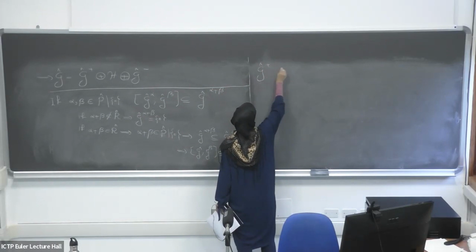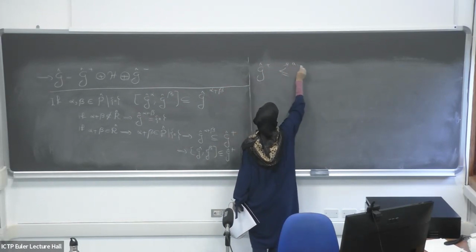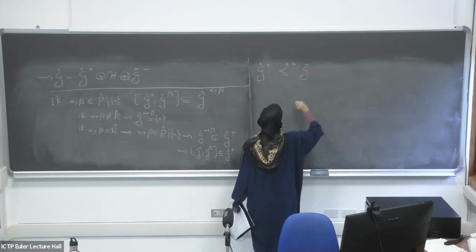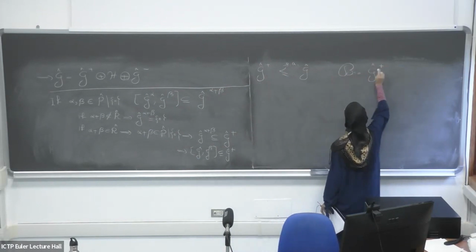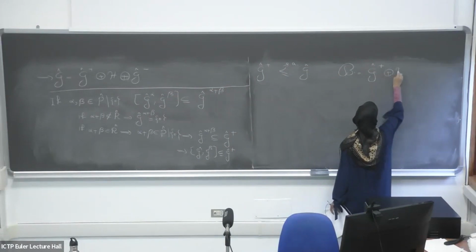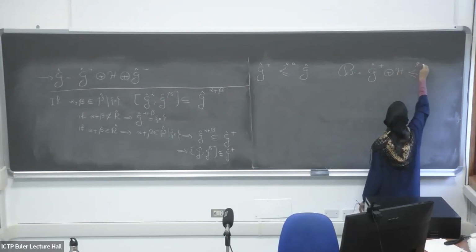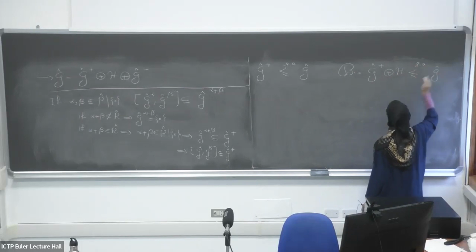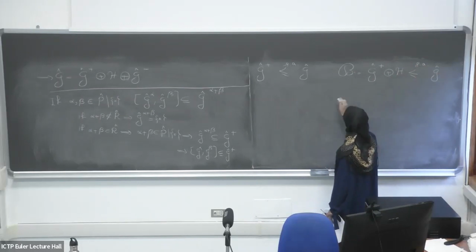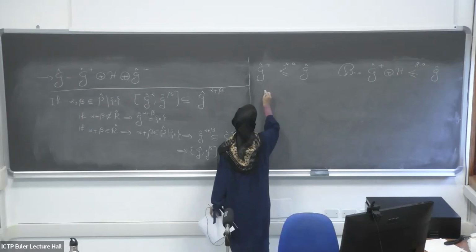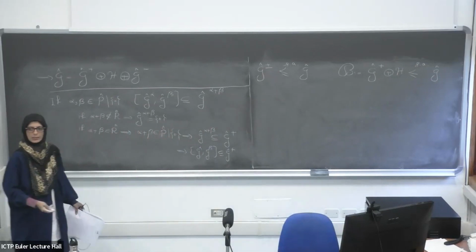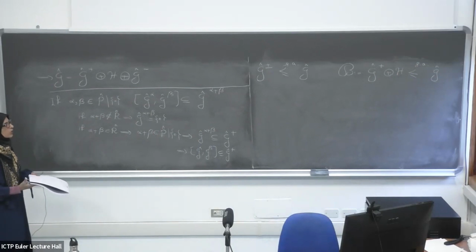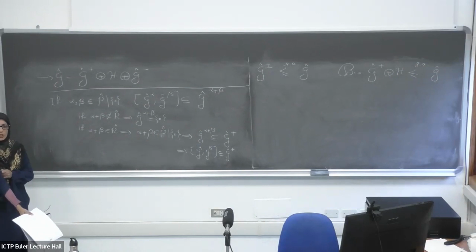G hat plus direct sum H is also a subalgebra of G hat. And also G hat minus is a subalgebra of G hat. G hat plus, G hat minus, and G hat plus direct sum H, all of them are subalgebras of G hat.